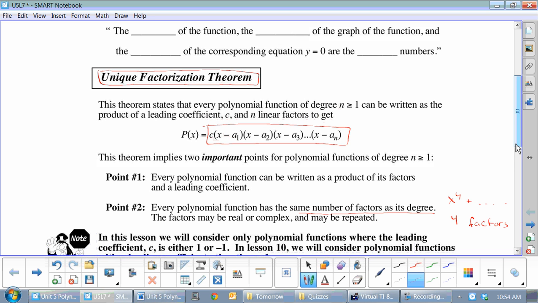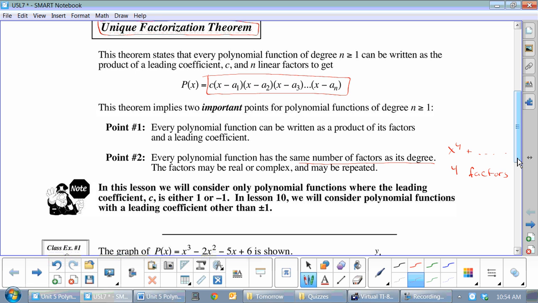Okay? So, I don't know if that's even news to you, but it is part of the unique factorization theory. So they can all be written as that sentence right here. And if it's x to the 4, look for 4 factors. If it's x to the 12, look for 12 factors.